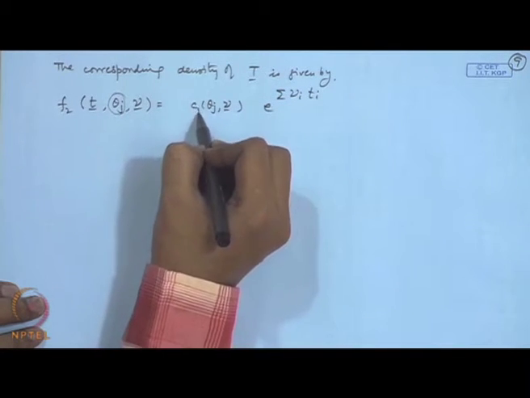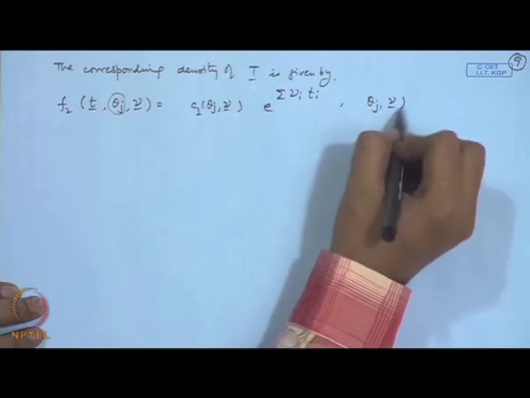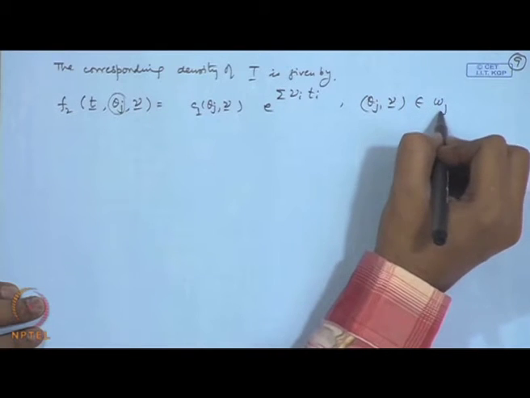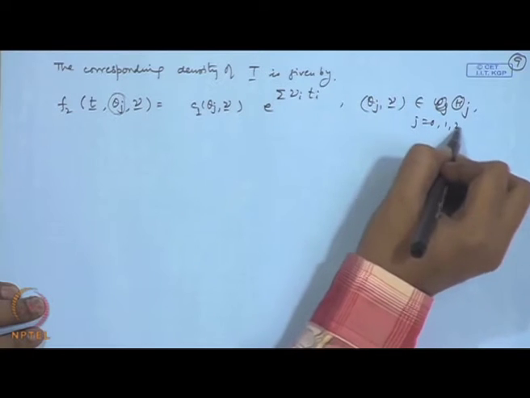So, this will be some coefficient, let me put it C 1 here, where theta j nu belongs to omega theta j here for j equal to 0, 1, 2.